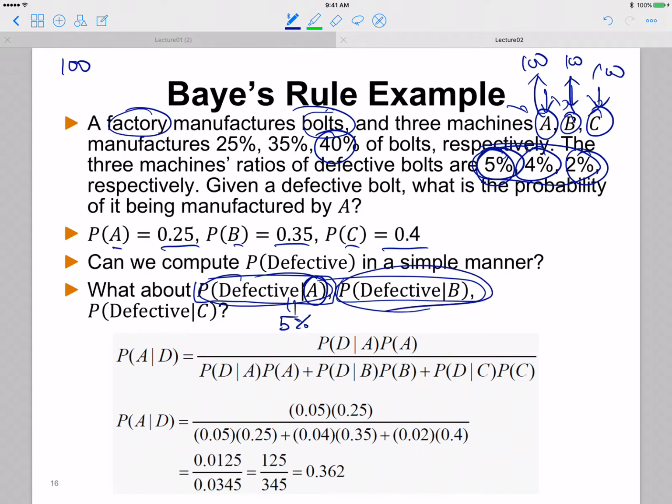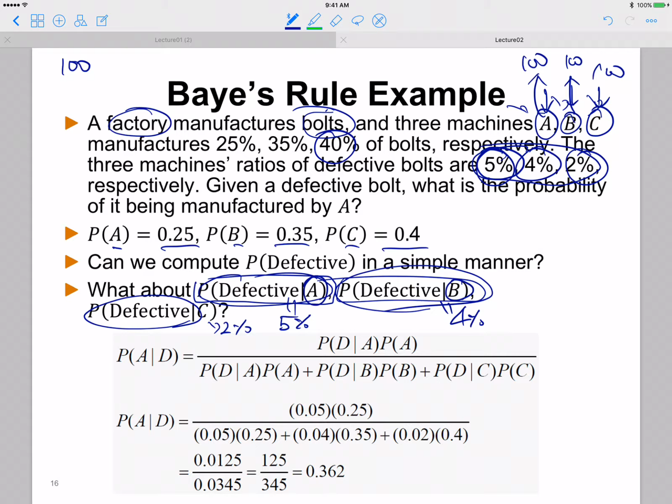And then if it was manufactured by B, the probability of being a defective bolt will be 4%, and this guy will be 2%. Okay, so this is the initial situation that we start with.